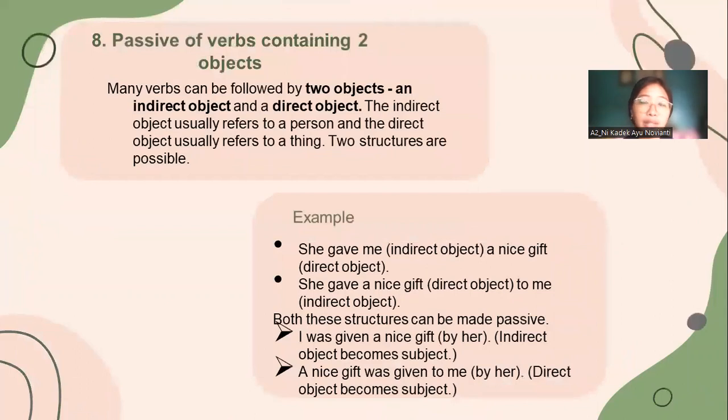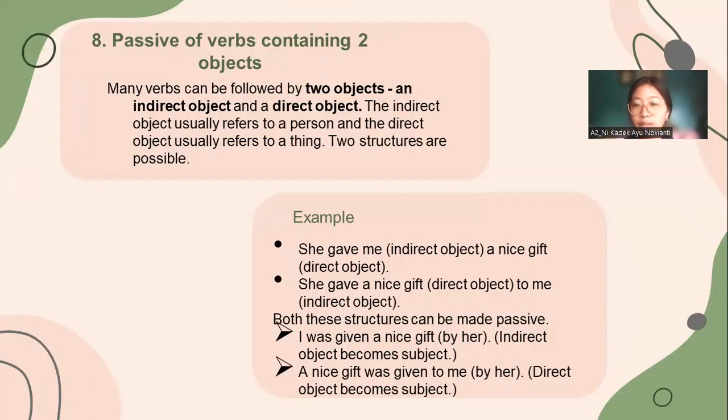Number 8 is passive of verbs containing two objects. Many verbs can be followed by two objects, an indirect object and a direct object. The indirect object usually refers to a person and the direct object usually refers to a thing. Two structures are possible. For example, in active voice: she gives me a nice gift.